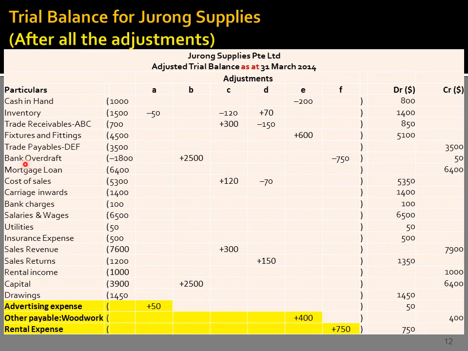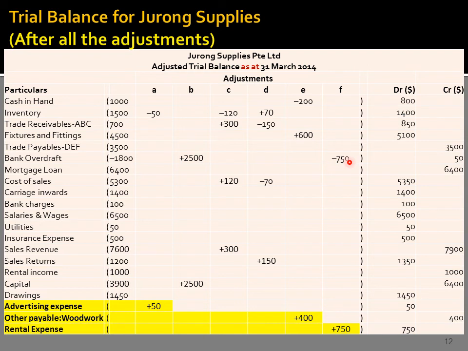Pay special attention to the bank overdraft account. The bank overdraft indicates a negative amount in the cash at bank account. In order to use our calculator, which does not have a debit and credit function, we would need to understand what bank overdraft means, which is just a negative amount in the bank account. So to get the final adjusted amount in the cash at bank account, we would take negative 1,800, add 2,500, then deduct $750.